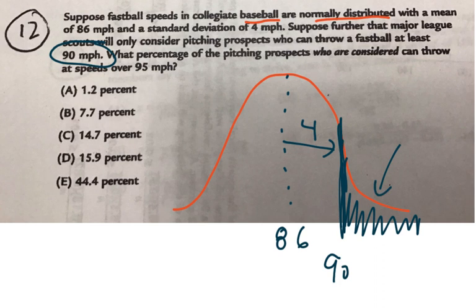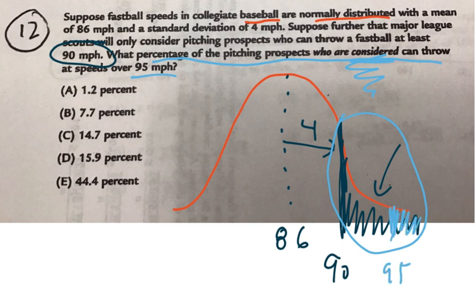On top of that, here's the question: what percent of pitching prospects who are considered, that means we're only looking here at the 90 or higher, can throw over 95? So now we have to look out here where 95 is, and figure out what that little percentage is out of all the 90 plus mile per hour pitchers.